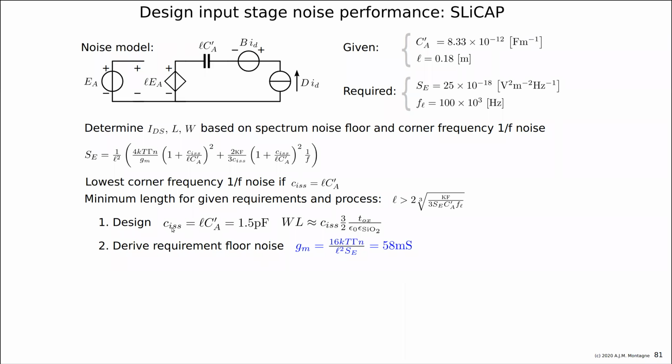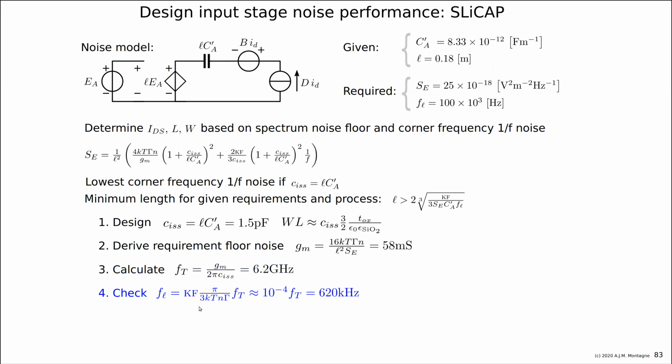And if we have CISS and we have GM, we have FT of the transistor, which turns out to be 6.2 gigahertz. And we know that in a process like CMOS 18, there is a fixed relation between the corner frequency of the 1 over F noise and the cutoff frequency.